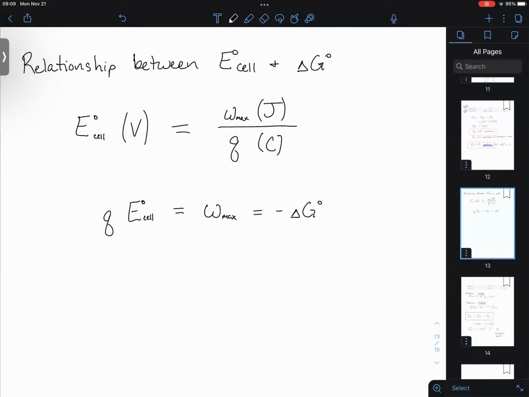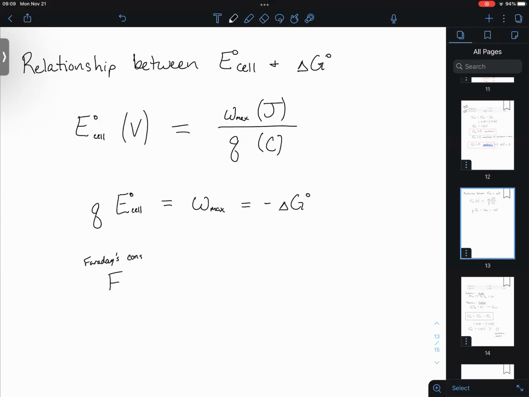Okay, and then one more thing that we're going to introduce here is this concept of Faraday's constant, which is equal to the charge of 1 mole of electrons in coulombs.